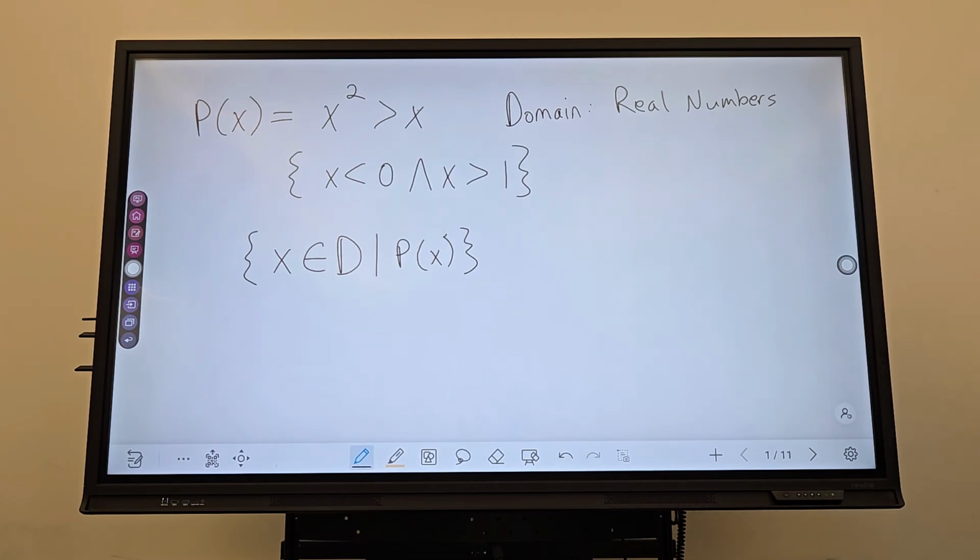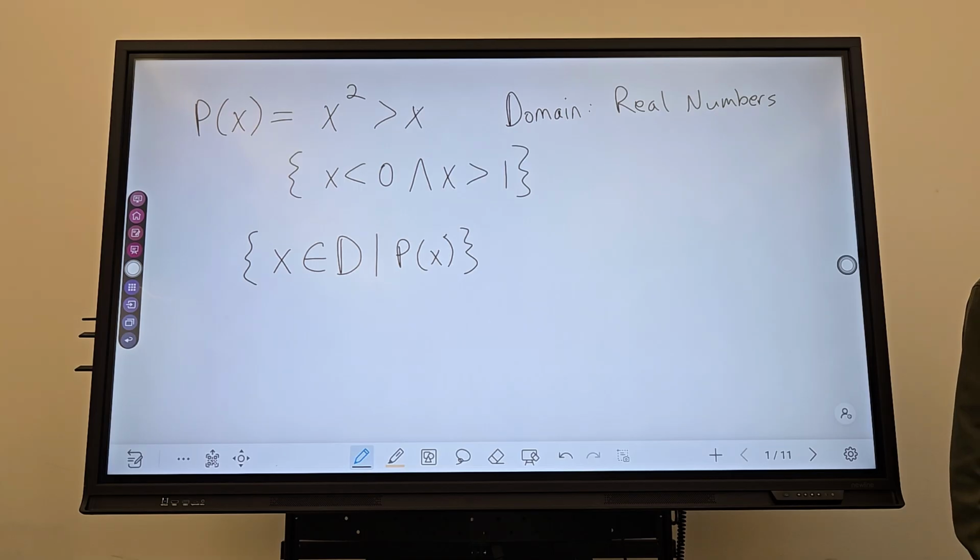So there's that way, and then you could write out, say Q of n is the predicate, n is a factor of 8. What is the truth set of Q of n if the domain is Z, integers? So what would the truth set be of n is a factor of 8?